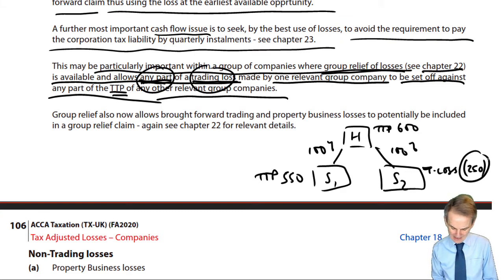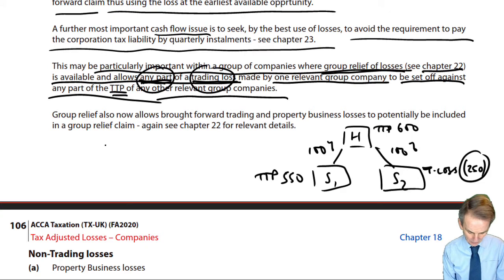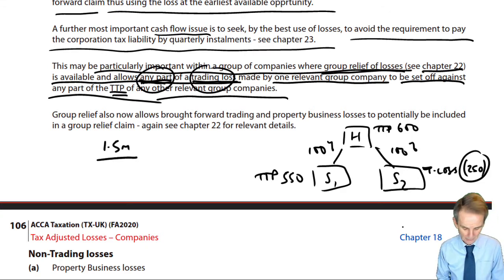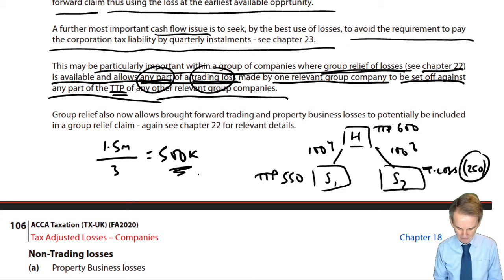Here you've got the parent company and 2 wholly owned subsidiaries. All 3 companies are related. So the profit limit for each, as these will all be 12-month accounting periods, is divided by the number of related 51% group companies, and we've got £500,000.